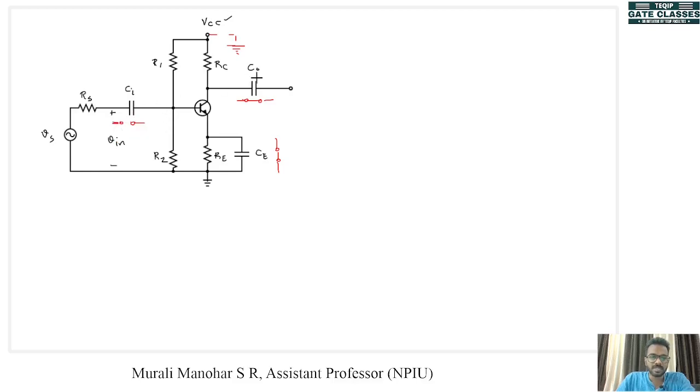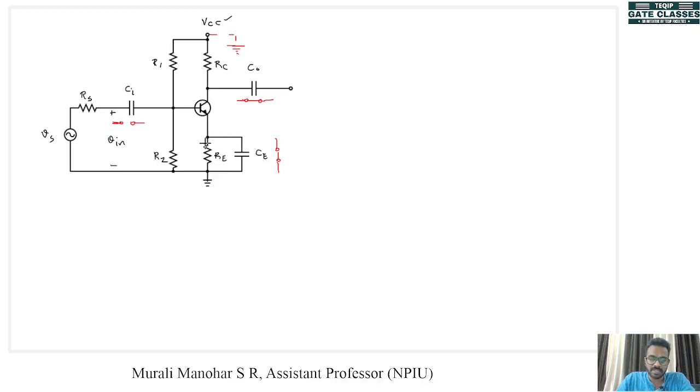Now the function of these capacitors is like that. This Ci will prevent the flow of DC current to this AC source. C out will prevent the flow of DC current to this output, so that we will get only the amplified AC signal at the output. And this CE is a bypass capacitor.